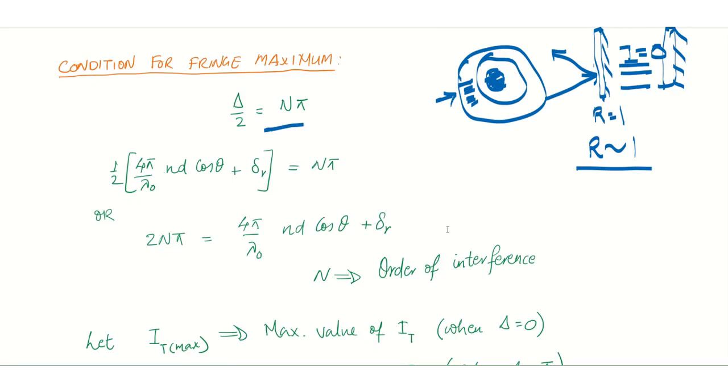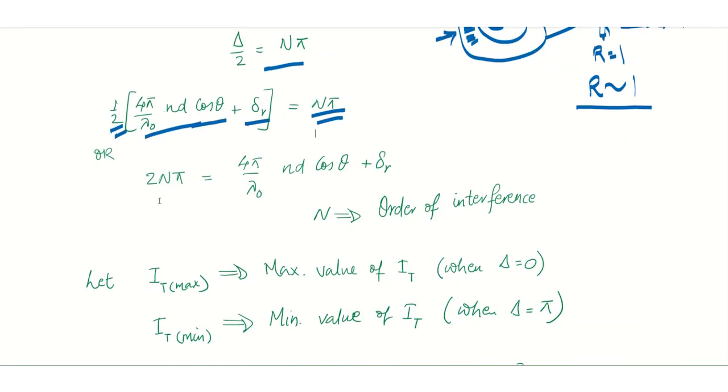If you do all this analysis, this delta is the phase, which was 4 pi over lambda 0 nd cos theta, as we have seen, plus contributions from the reflection, and when delta by 2 is an integral multiple of pi, we have seen that there will be maximum fringes. That's 2n pi, okay, if you rearrange things, this is what it is.